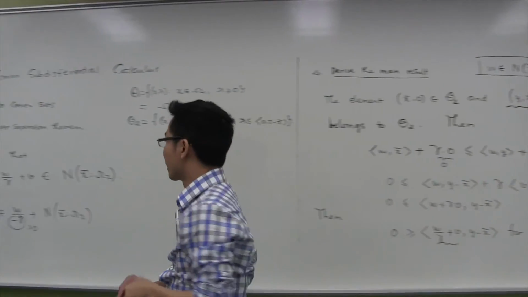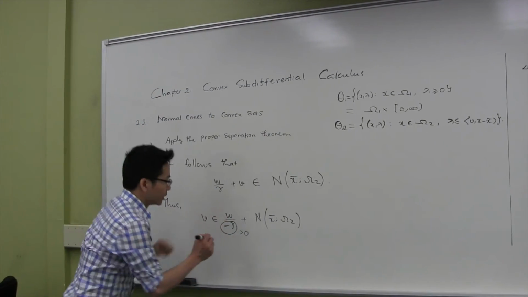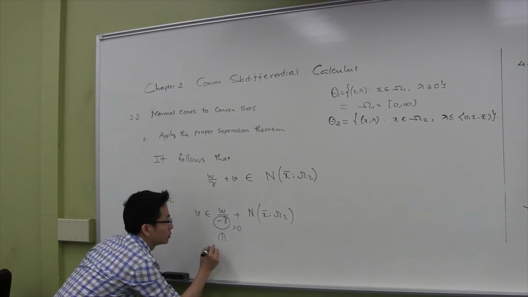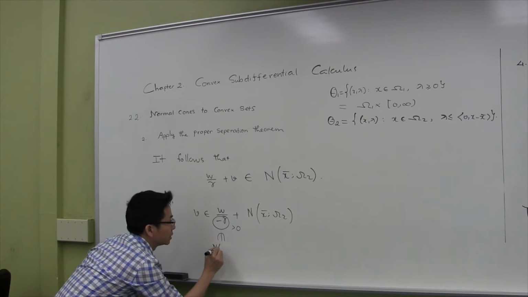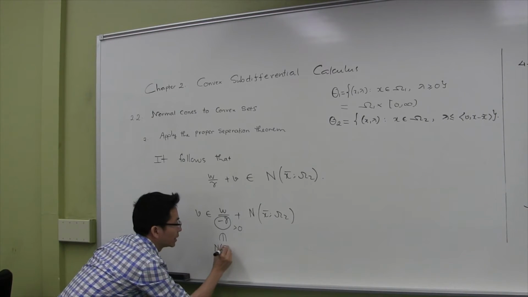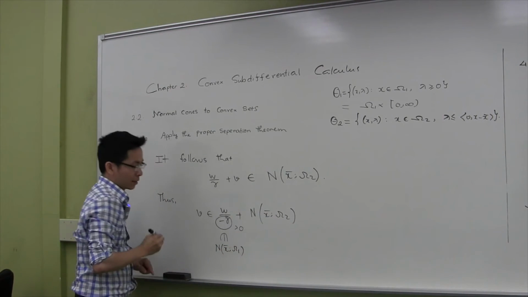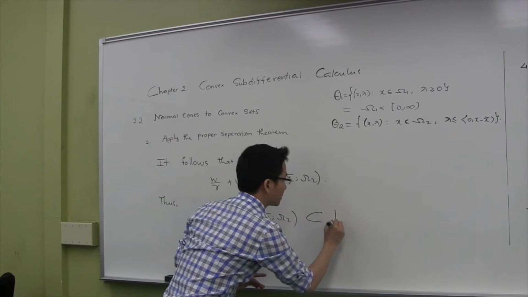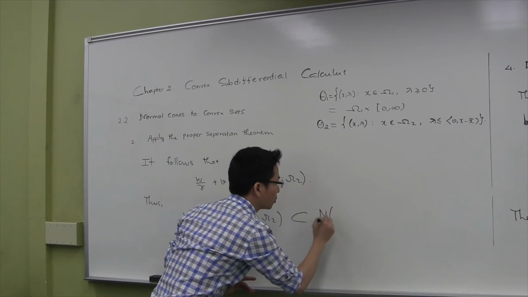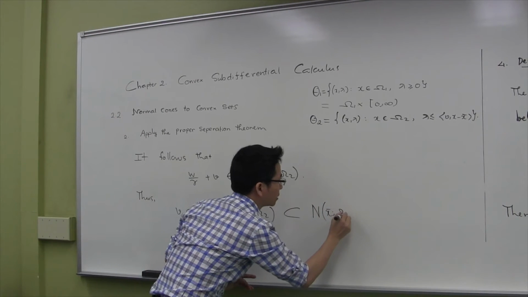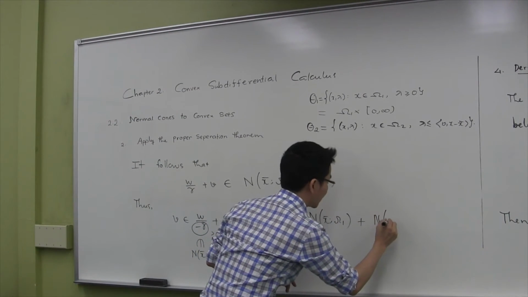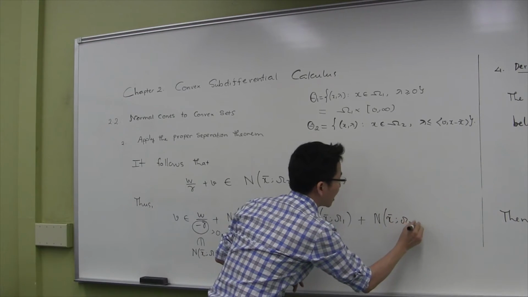Okay, so therefore we see that this element belongs to the normal cone to the set omega 1 at x bar. Therefore, this is a subset of this sum, the normal cone to the set omega 1 at x bar plus the normal cone to the set omega 2 at x bar.